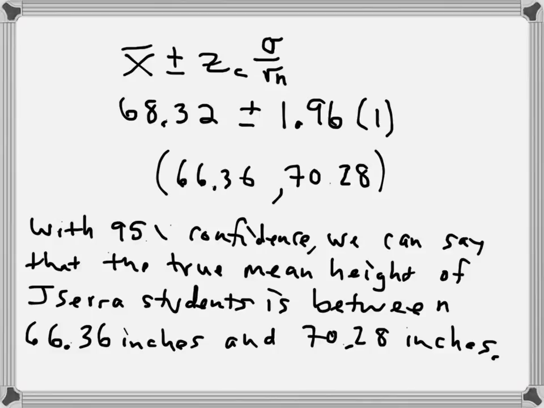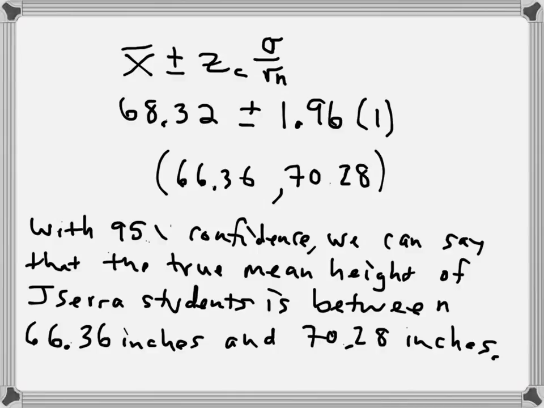So I want to talk about what we mean with 95% confidence or with 90% confidence. Does it mean that there's a 95% chance that we're right? Not exactly, not really. Kind of. We're either right about this interval or wrong.